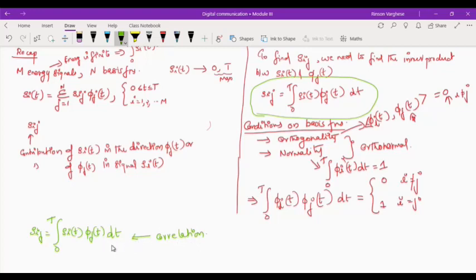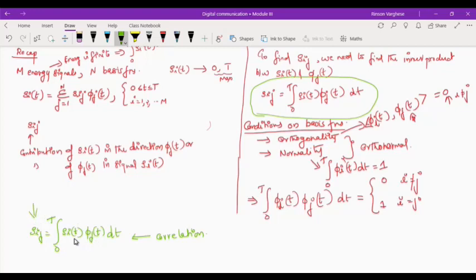Correlation means how much two signals are related to each other. That's what we calculate in correlation. So how much Si and phi j are related to each other is represented by Sij.